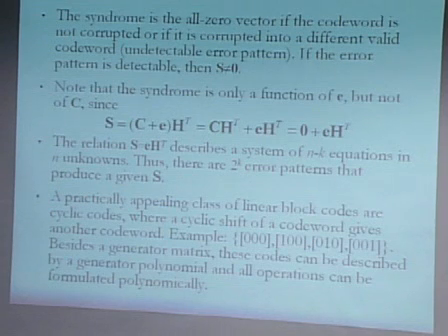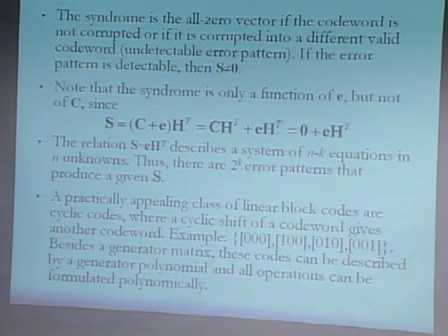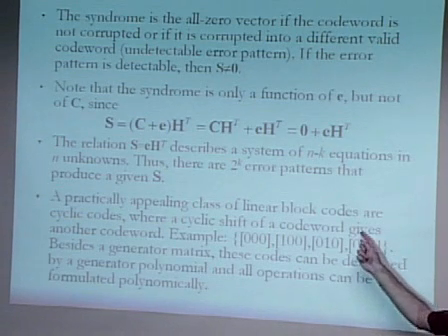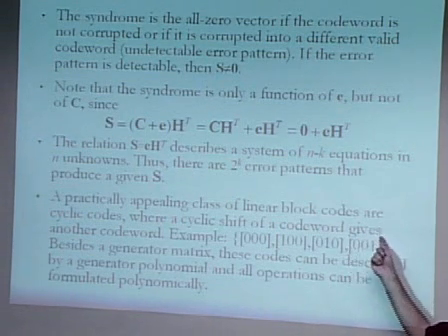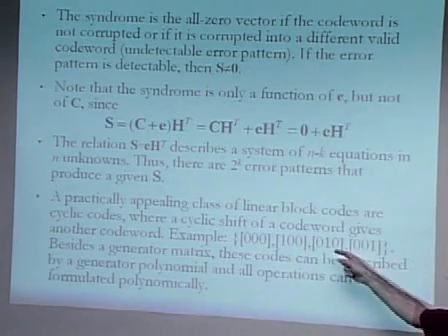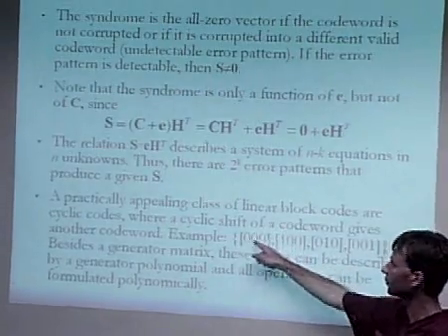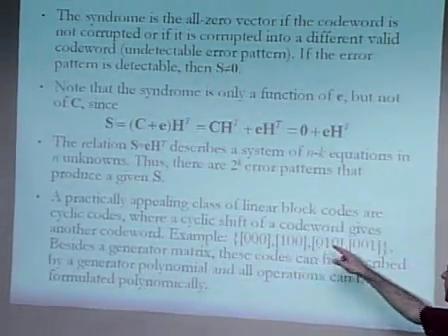Now, a final comment here: a very useful class of linear block codes are the cyclic codes. All I'm going to tell you about this is just so you know that they exist. What makes these codes cyclic is the fact that each code word is a cyclic shift of another code word. For example, this is a 3,2 cyclic code. Except for the 000, all the other code words are just shifted versions of each other.